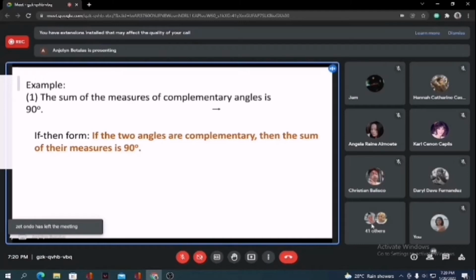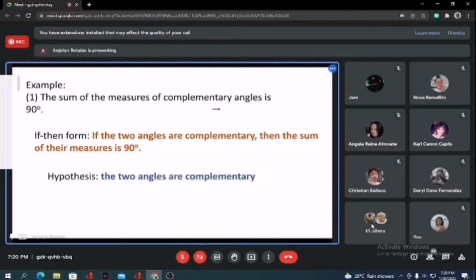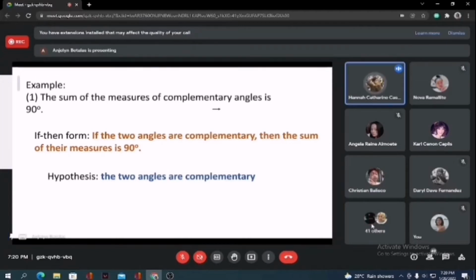If the two angles are complementary, then the sum of their measures is 90 degrees. Is that clear? Yes, ma'am. The hypothesis: the two angles are complementary. The conclusion: the sum of their measures is 90 degrees.